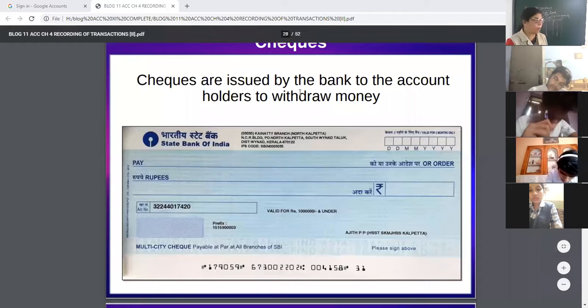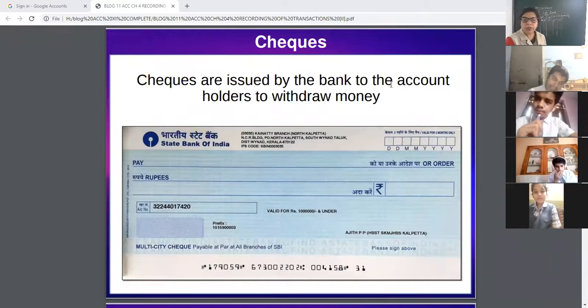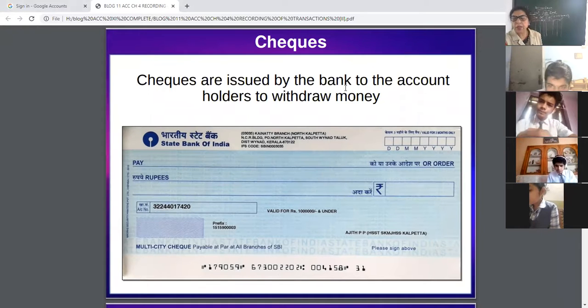Checks are issued by the bank to the account holders to withdraw money, or they can transfer money. Note down, withdrawal or transfer. Here you will add one more word, withdrawal or transfer. Who can give the check book?